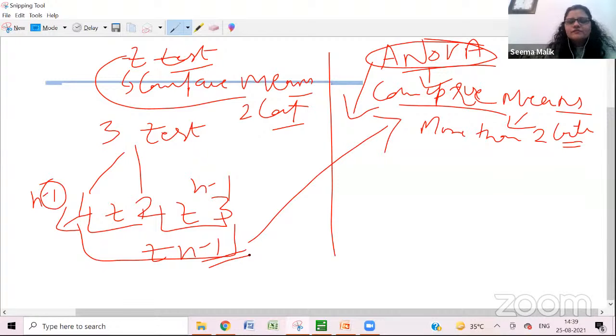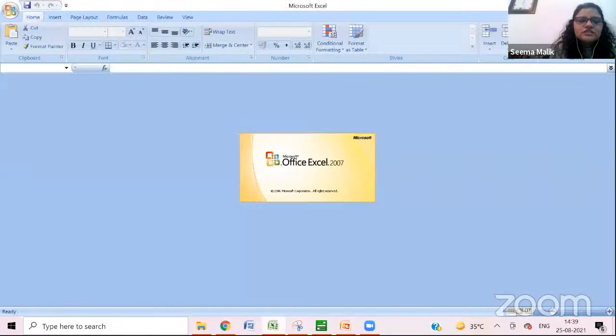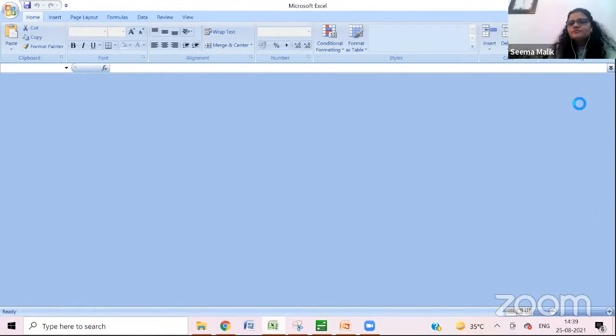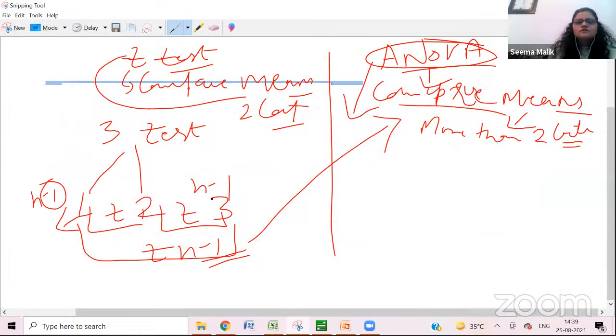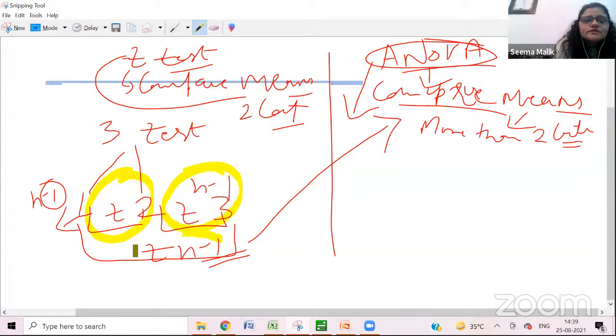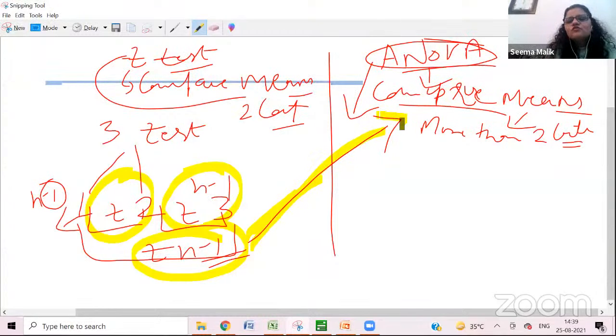So that is why, though you can perform these three t-tests and you will get the same results, it would be quite a complex, lengthy process. In order to avoid this lengthy process, ANOVA is introduced.